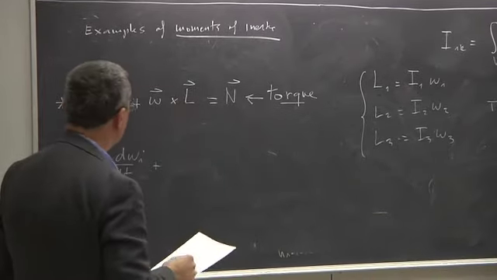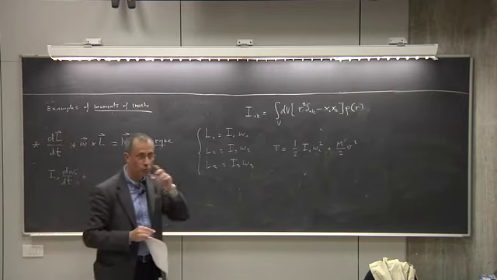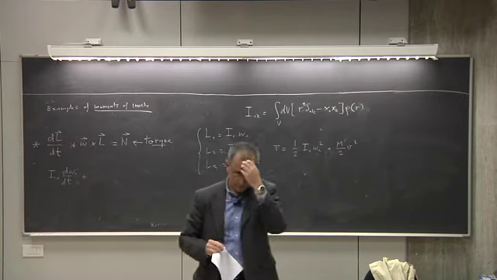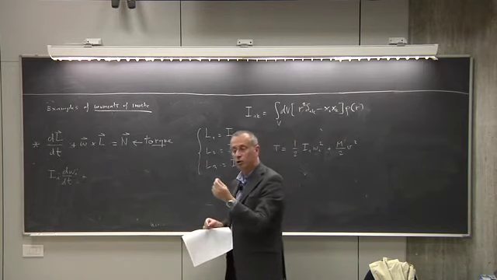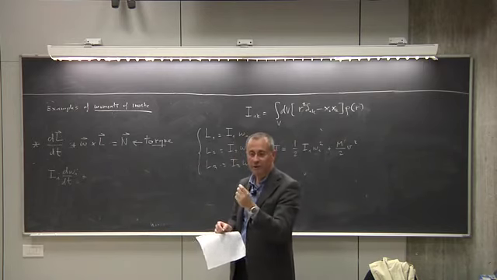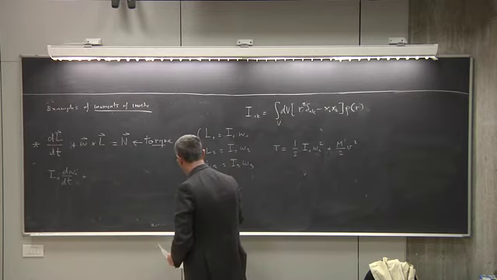Now I have an omega, then I have the I, and then I have another omega. How do you write the cross product, the vector product, in terms of components? You remember this Levi-Civita symbol, this epsilon I, J, K?